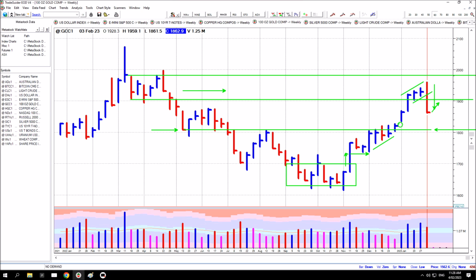And I expect there may be some increased buying support at that level where the gap was, which is about 1822, and then further increased support where this absorption took place previously, just around the 1800 level.